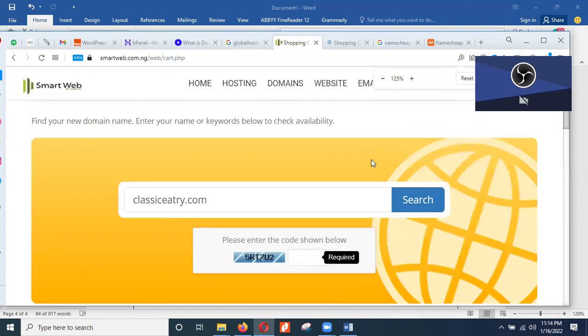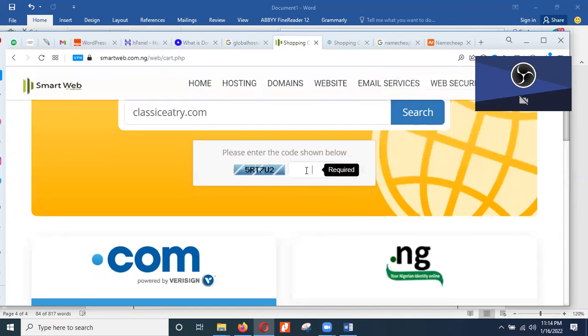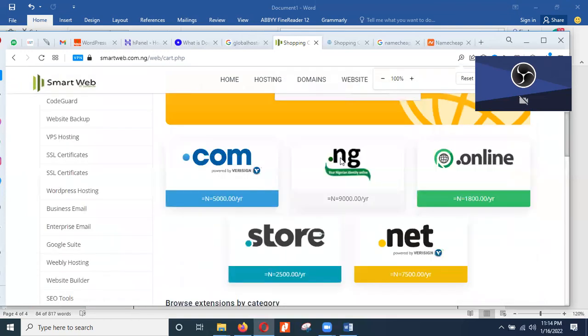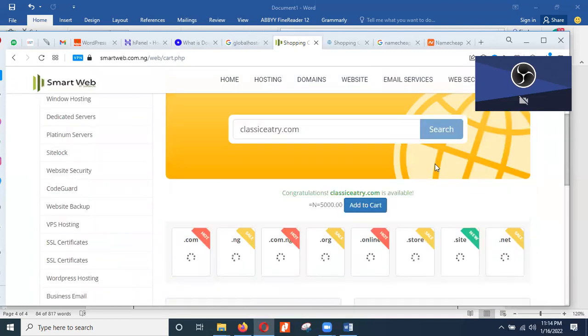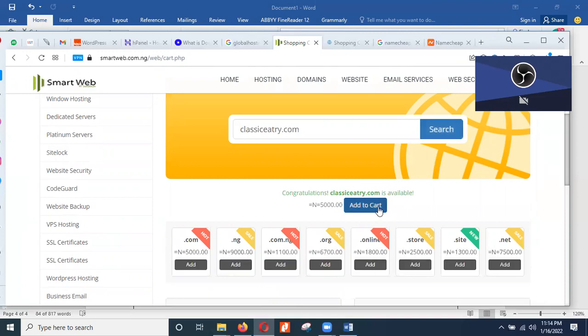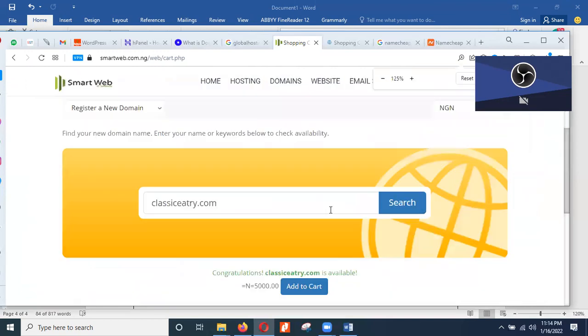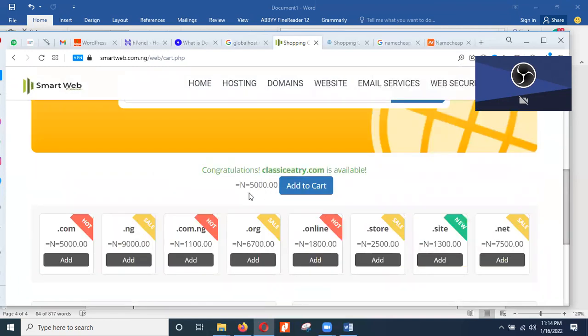Okay, it's asking me to write this code, so I have 5RT77. It's now searching. Okay, ClassicE3.com, as you can see, sells for 5,000 naira, a bit cheaper than what Global Hosting is selling.